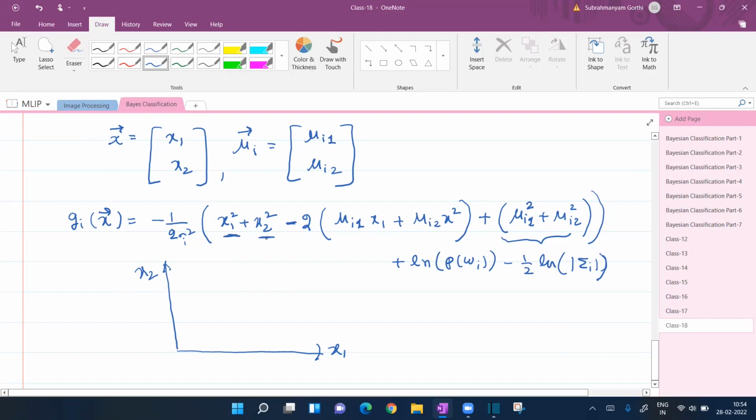So each of them individually, these gi of x bar, these discriminant functions, the shapes that they could take are referred to as quadrics, QUADRICS. Quadrics means any quadratic equation that includes ellipsoids, right?